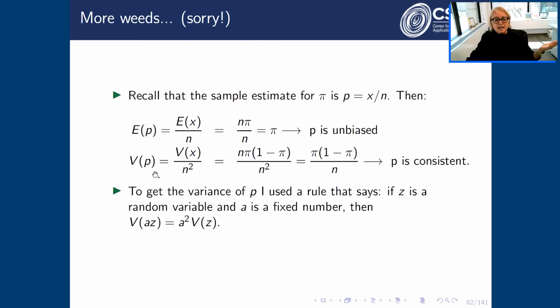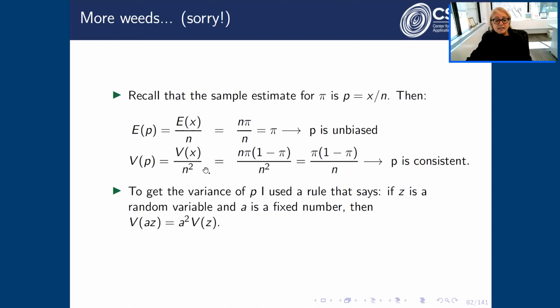So how do I look at consistency? I look at the variance of P, and the variance of P is just the variance of x divided by n squared. There's a rule that says if z is a random variable and a is some fixed number, then the variance of a times z is just a squared times the variance of z.